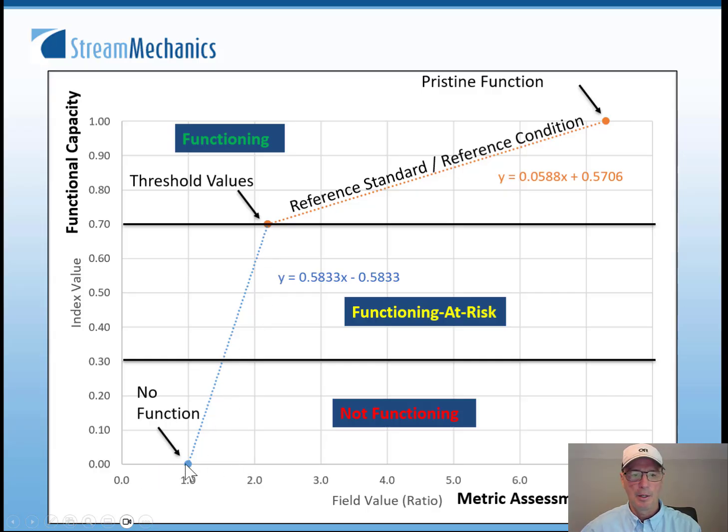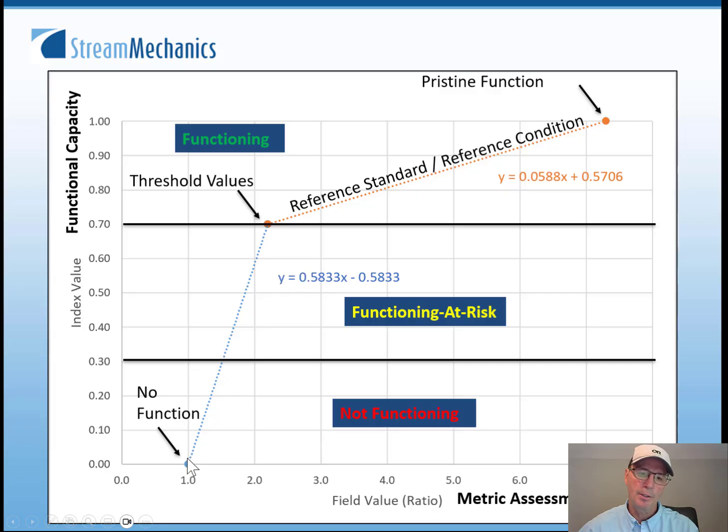A 1.0 in the metric assessment result yielded a 0 function. And then a 7.4 or so represented a 1.0 or pristine function. And then the 2.2 or so was the 0.7. So there's only 3 points that are being used to develop this curve.